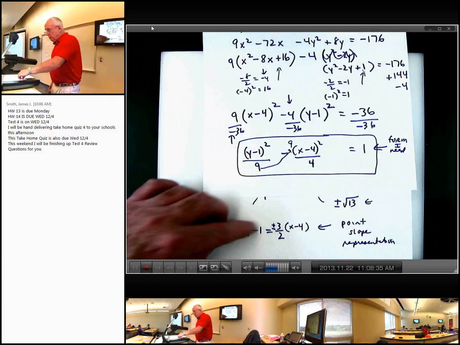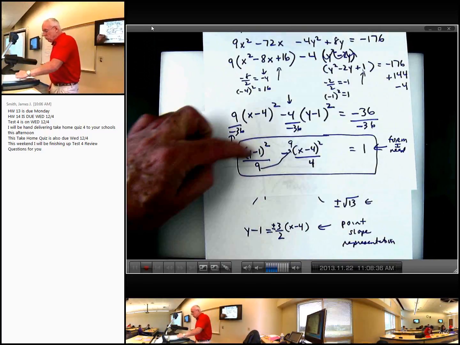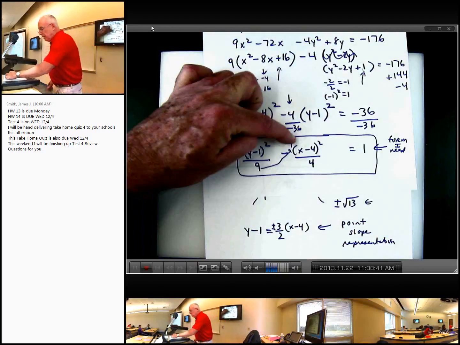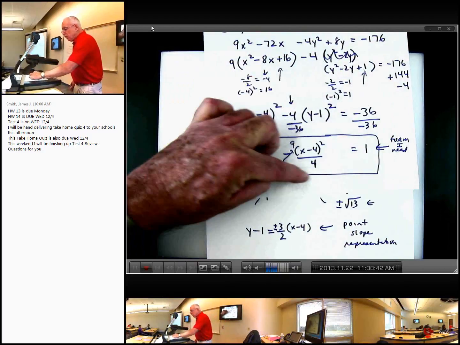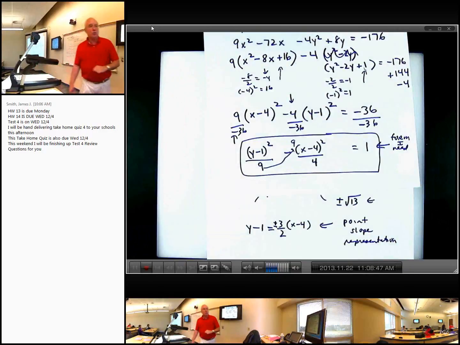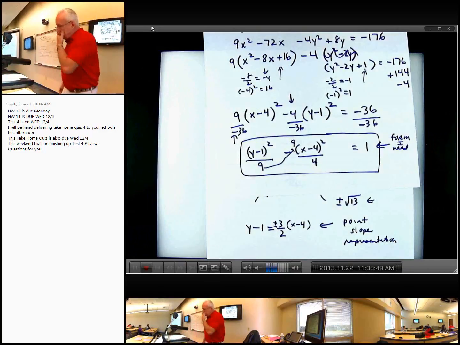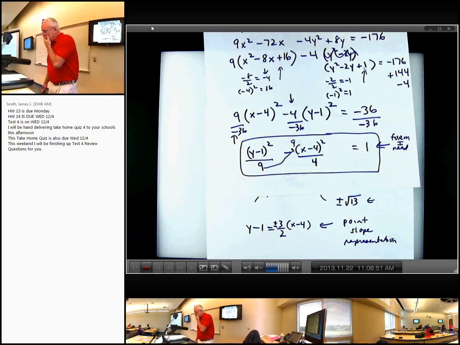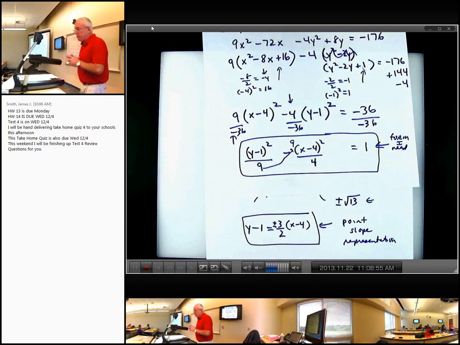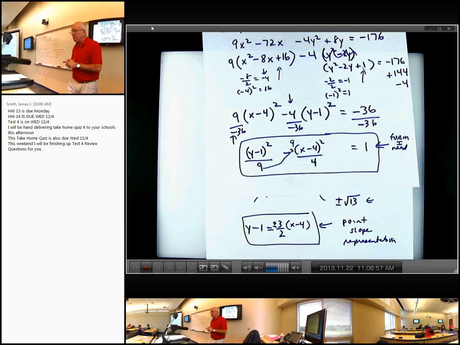We want to lead off with the y, but it's y minus 1 instead of just plain y. Multiply over by the 9, do the square root, 3 over 2, and then x minus 4. Okay. So that's the two equations. That's all we need to put for them. We don't need to simplify that any further.